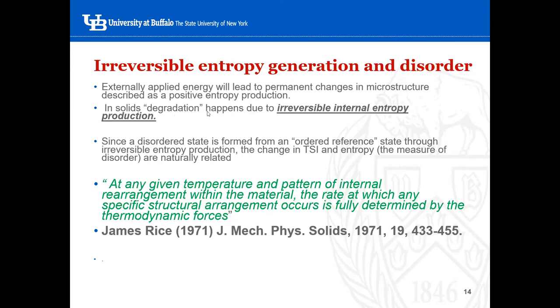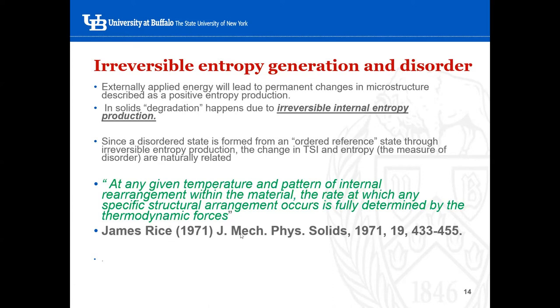And in solids, degradation happens due to irreversible internal entropy production. This has been known for the last 150 years. And a disordered state is formed from an ordered state through irreversible entropy production. And the change in the entropy is naturally related, so that going from one state to another state is directly related to the entropy, the energy that you lost.